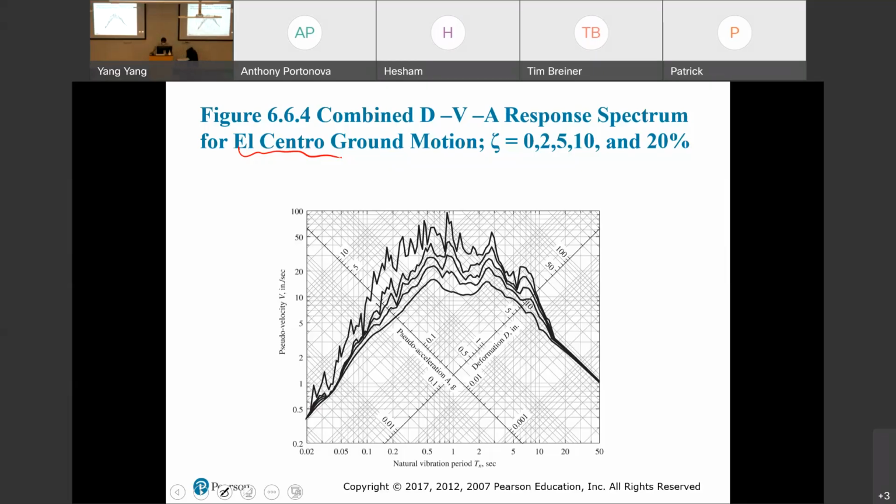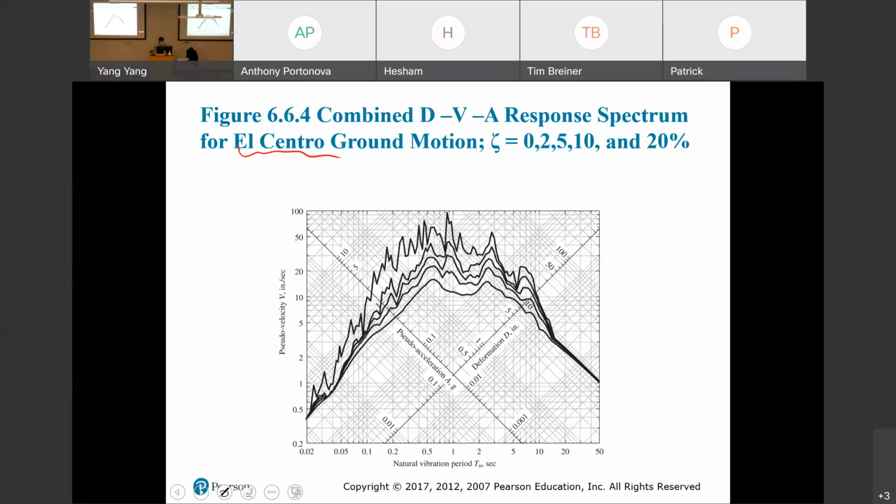So with the same chart, for example, for El Centro, if T is equal to 1 second, there are 1, 2, 3, 4, 5 different curves. I believe the different curves correspond to different damping ratios.